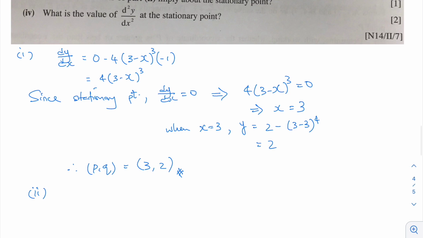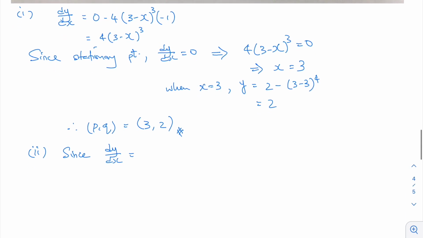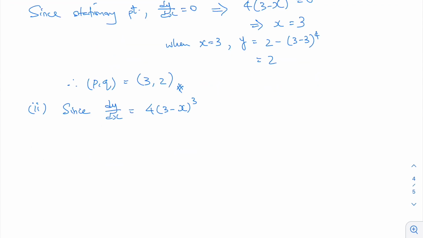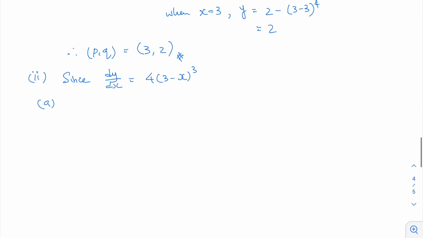So for the gradient, look at the function dy/dx = 4(3 − x)³. A. When x is less than p, when x is smaller than 3, dy/dx equals 4 times (3 minus a value smaller than 3, like 2, 1, 0).